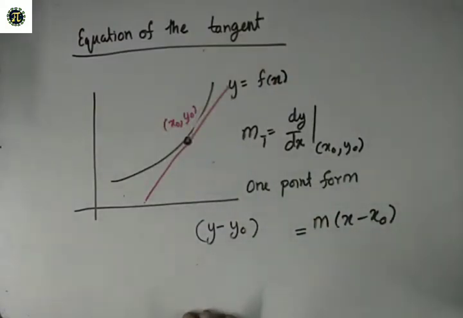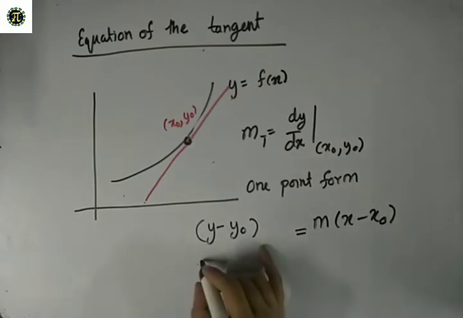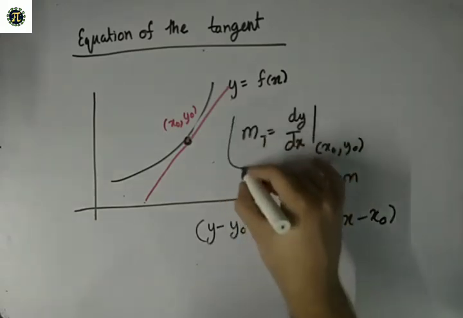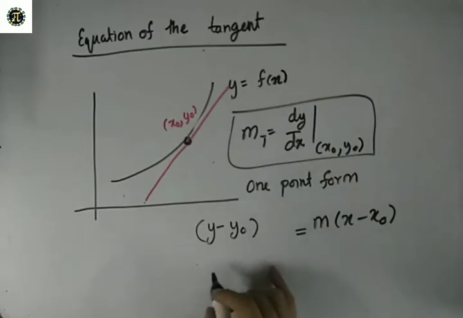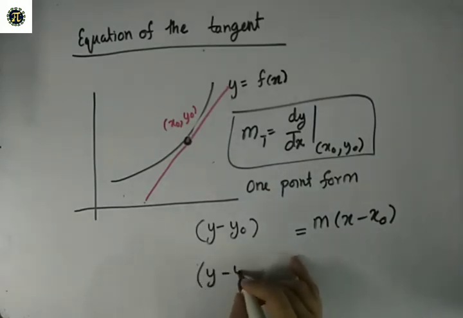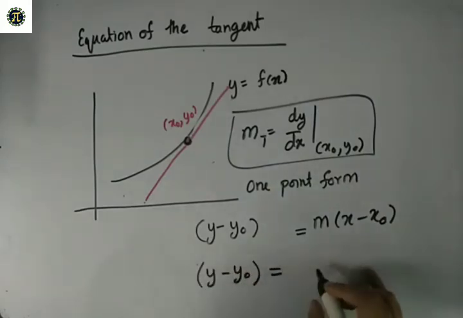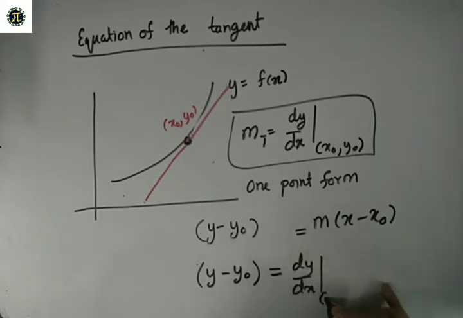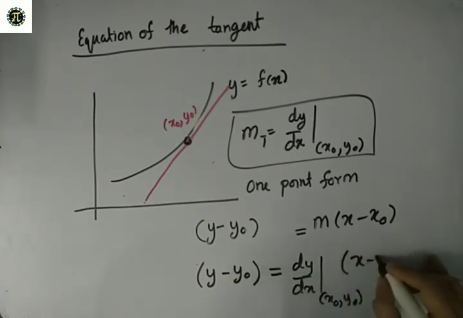Since by definition the slope of the tangent is dy by dx, we can write the equation of the tangent as y minus y naught is equal to dy by dx at point x naught, y naught, into x minus x naught.